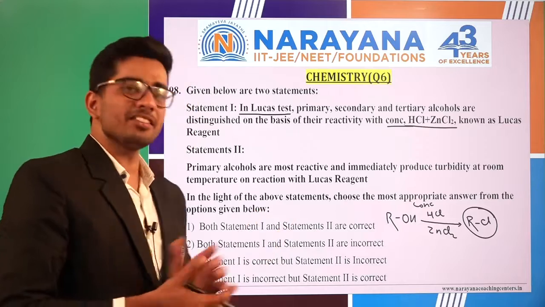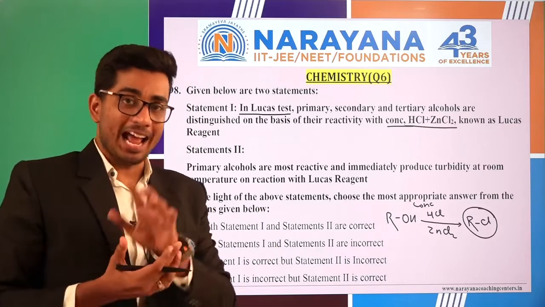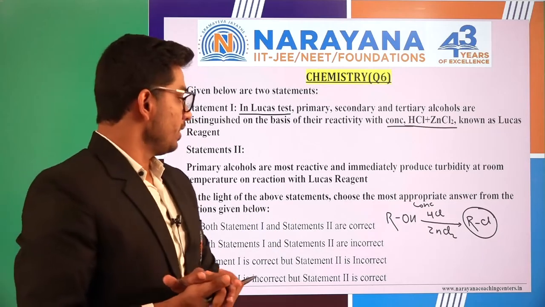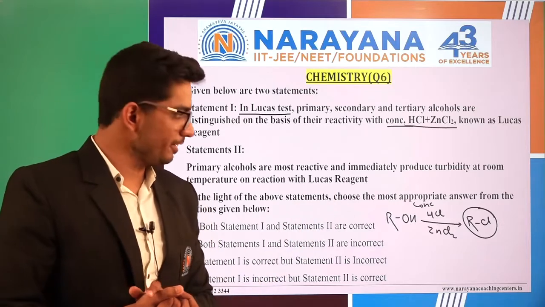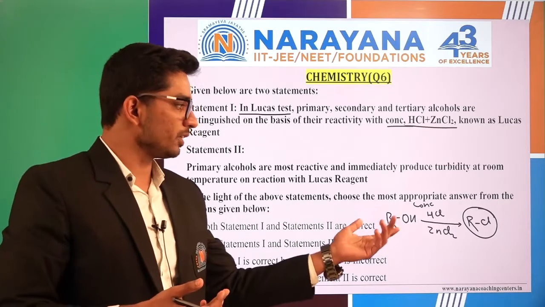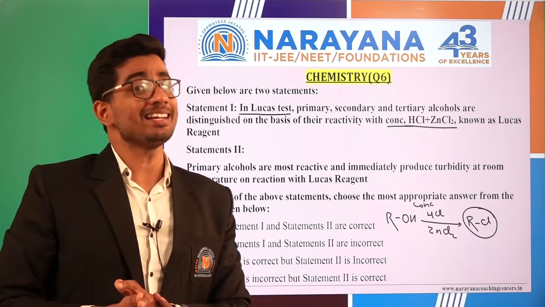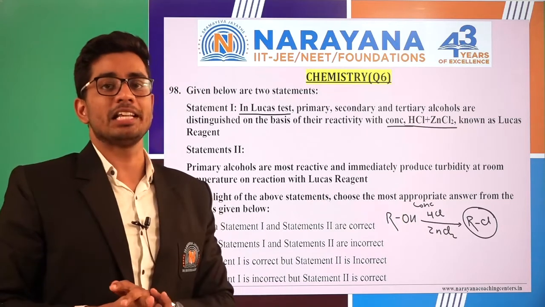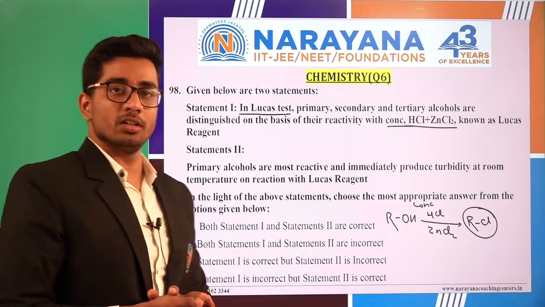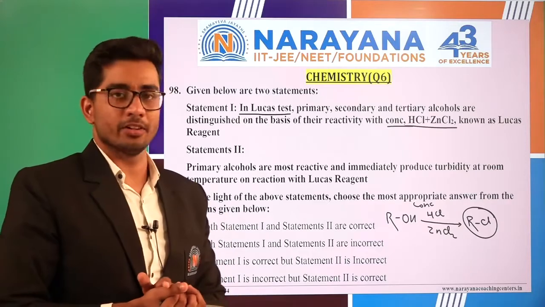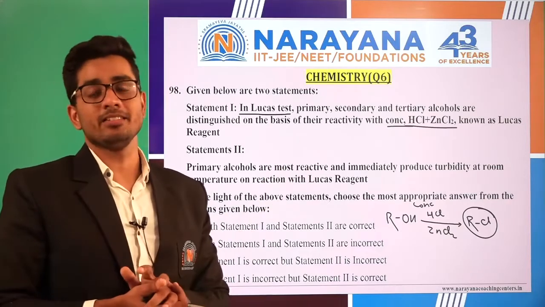The mechanism followed is SN1, and the tertiary alcohol gives it most easily. Tertiary alcohol gives the turbidity immediately, whereas secondary alcohol takes some time, like 5 to 10 minutes, and the primary alcohol does not give any test with this reagent.